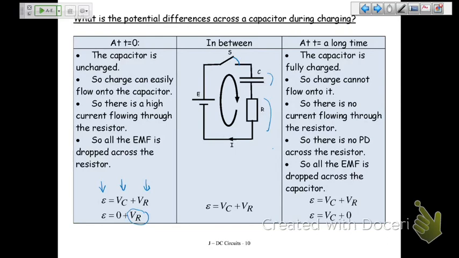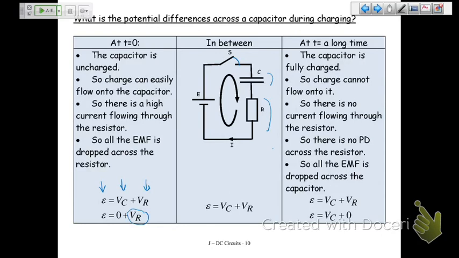Absolutely none. So that means no current flowing through my resistor means no potential difference across the resistor, because V equals IR. No I, no V. And that means my EMF is now all across the capacitor.